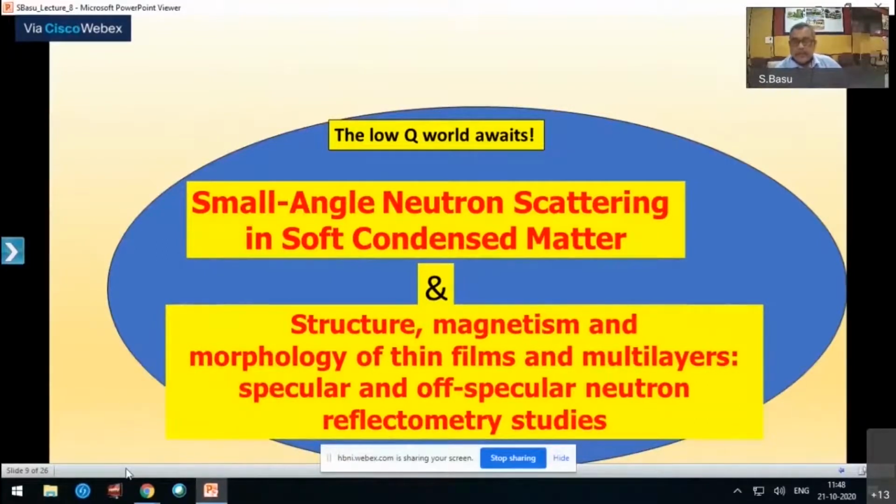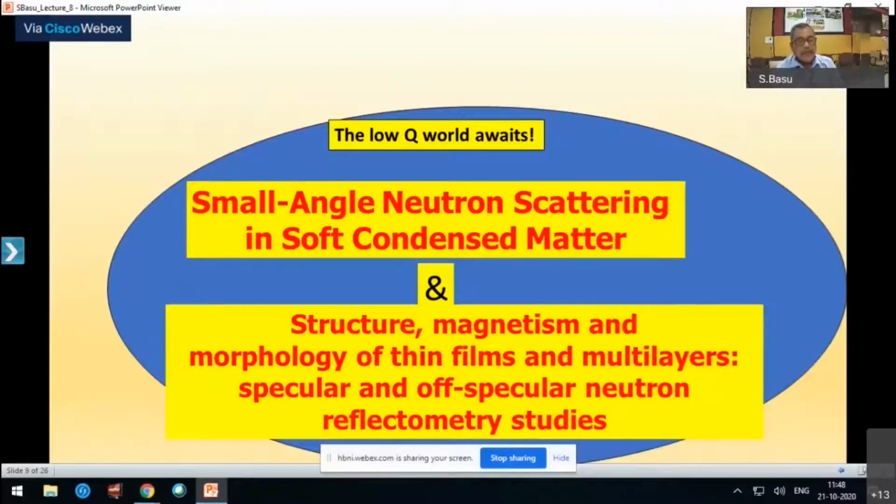Thin films are artifacts to start with, made by various deposition techniques. And today, a lot of interesting physics is done, because thin films are so thin that their properties differ from their bulk properties.